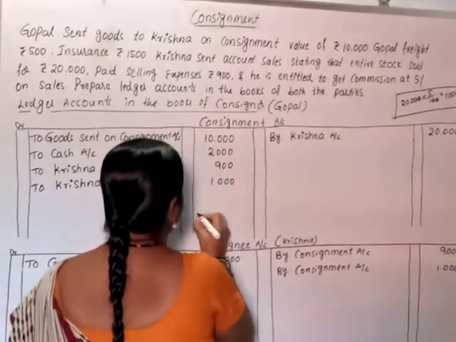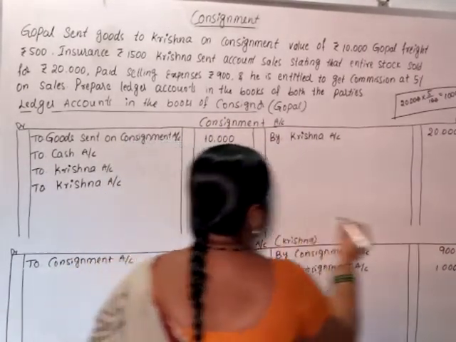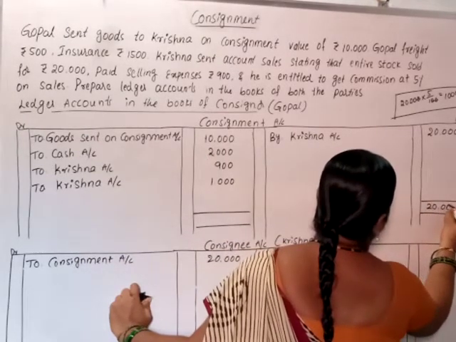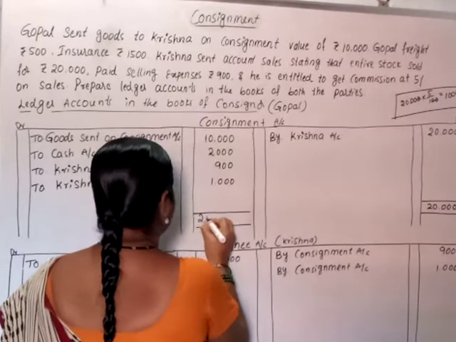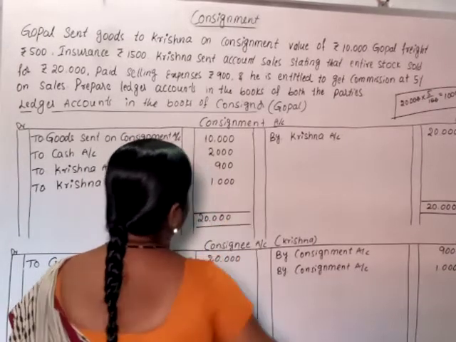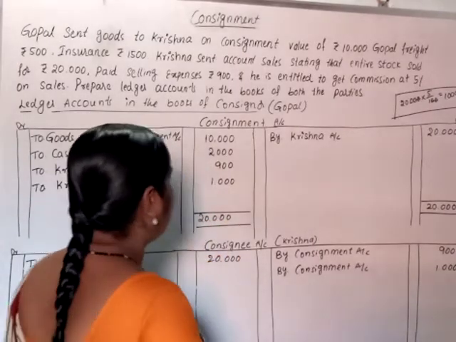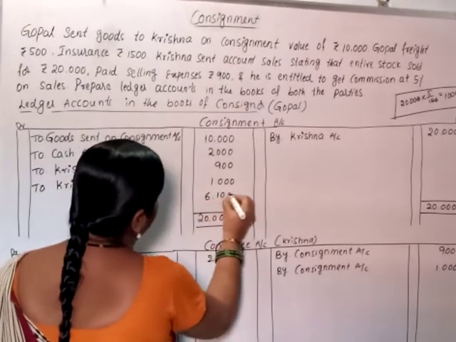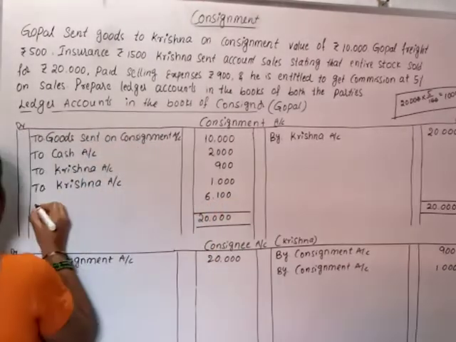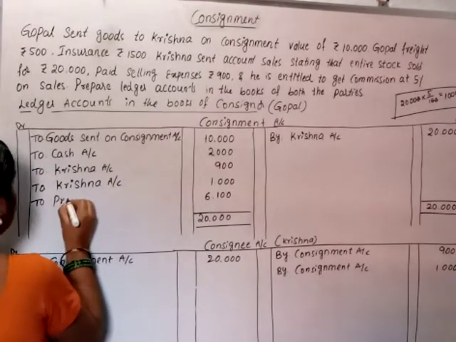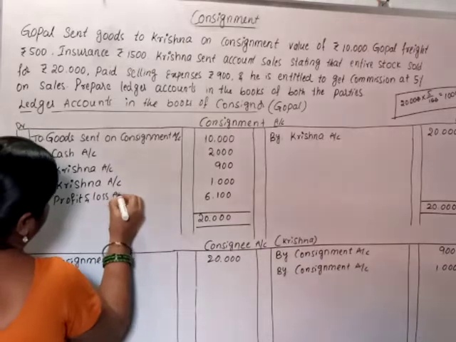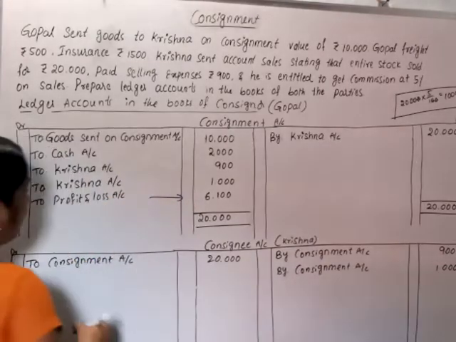So write here 20,000 rupees on both sides. 20,000 minus 13,900 means here it is 6,100 rupees. So this is a profit only. So write here profit and loss account. Okay, this is your profit.